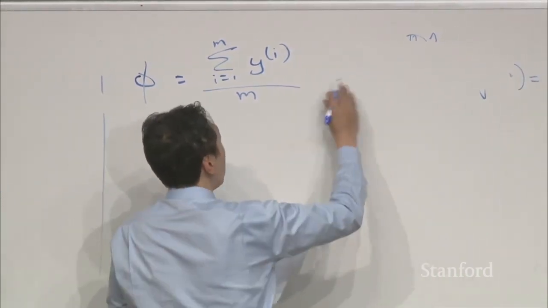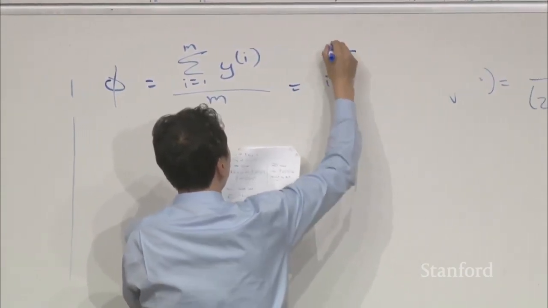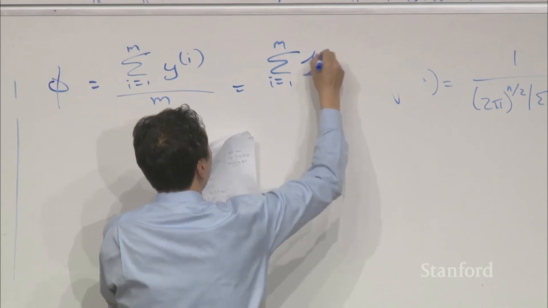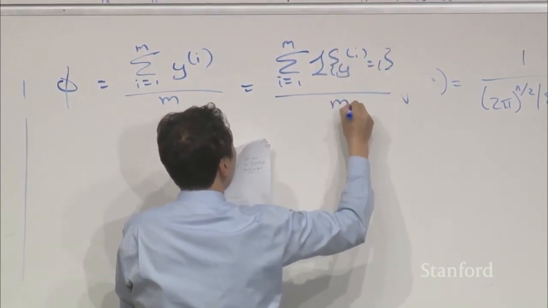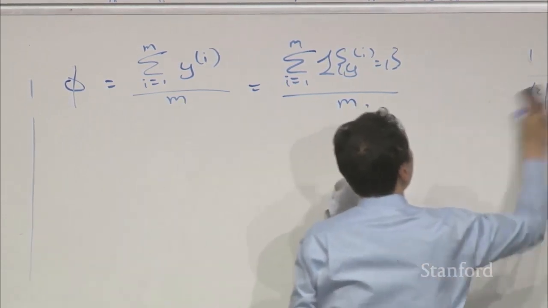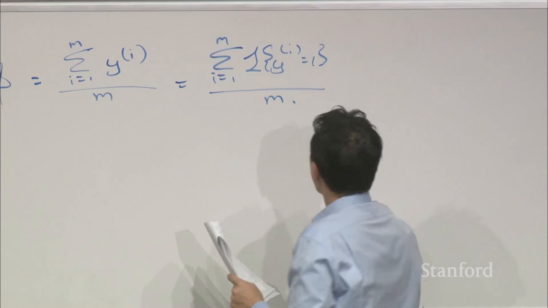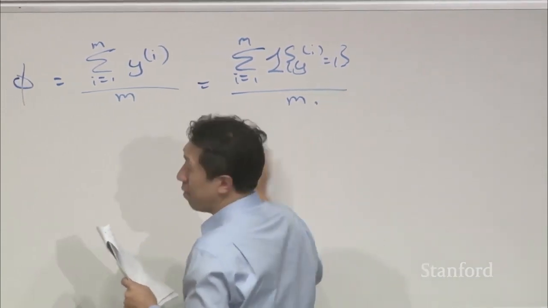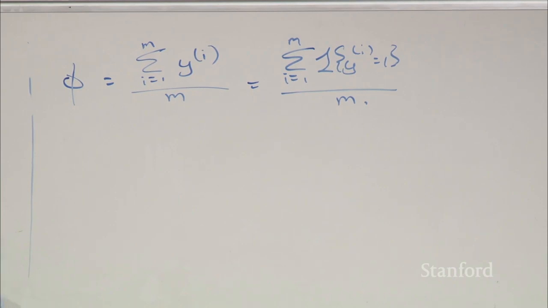And one other way to write this is sum from i equals 1 through m, indicator... let's see. Actually, we talked about indicator notation on Wednesday. Did you?